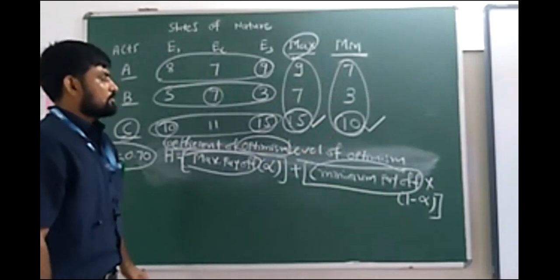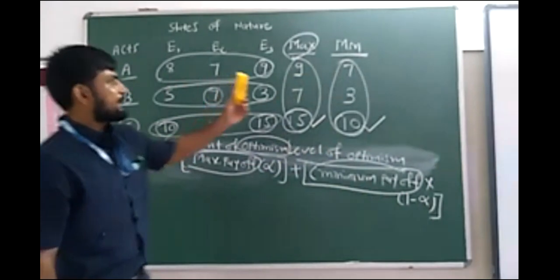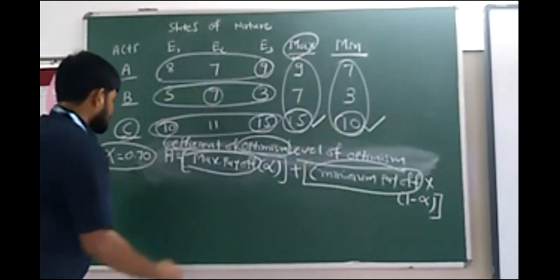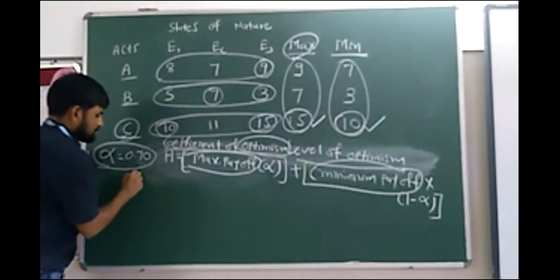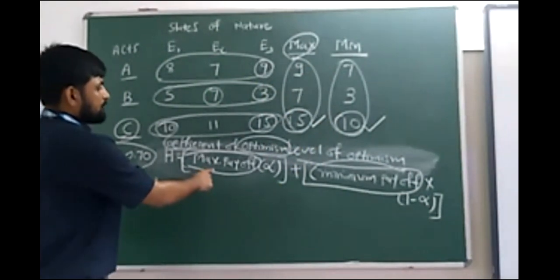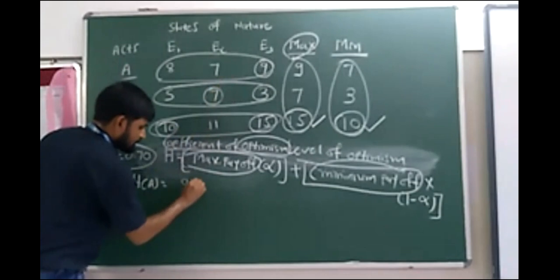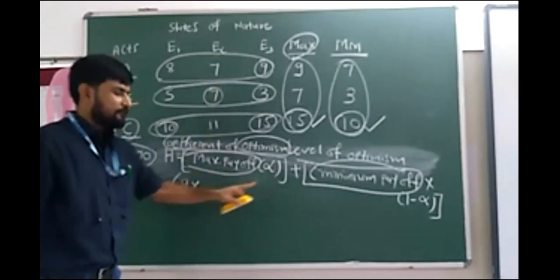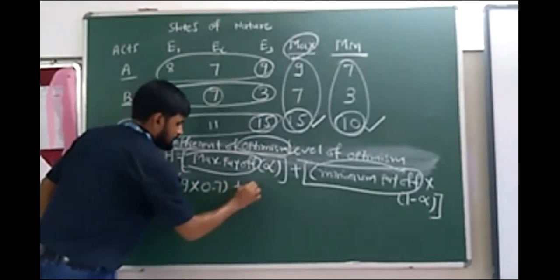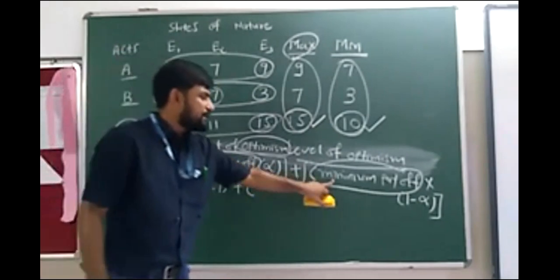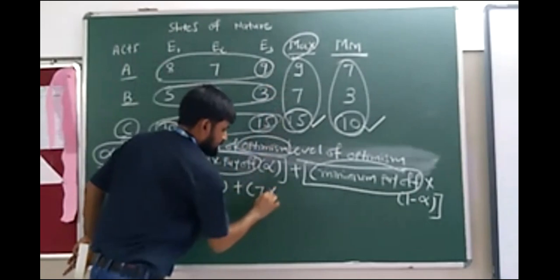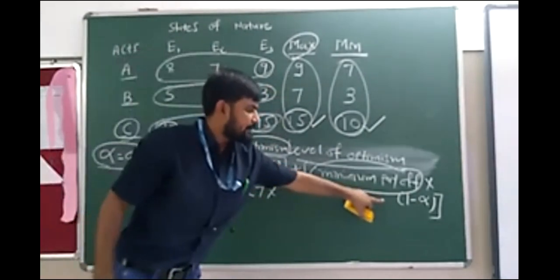So now using maximum and minimum, we'll find the weighted average. First, the weighted average for act A. The maximum payoff of act A is 9 into alpha, where alpha is 0.7, plus the minimum payoff for act A, 7, into 1 minus alpha.